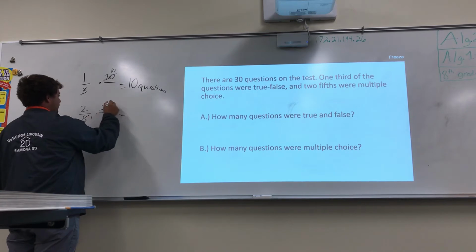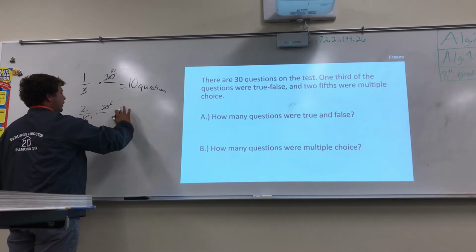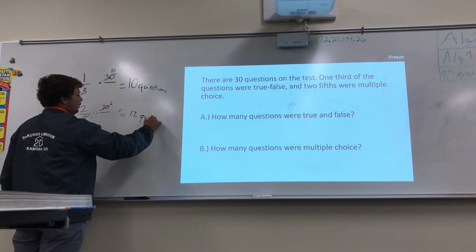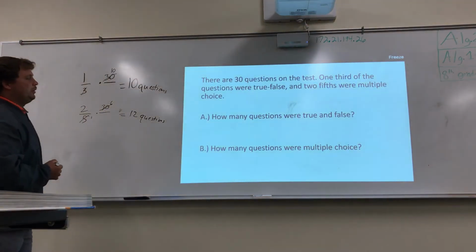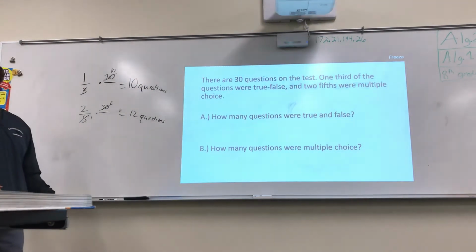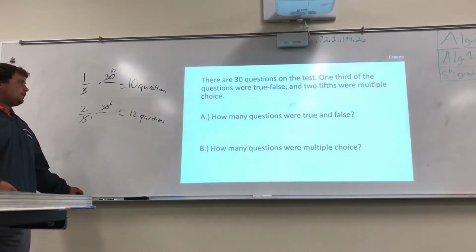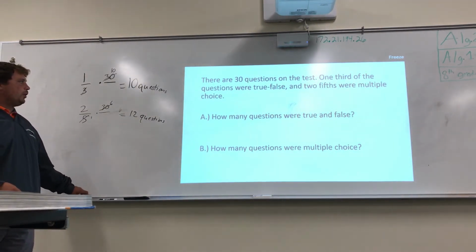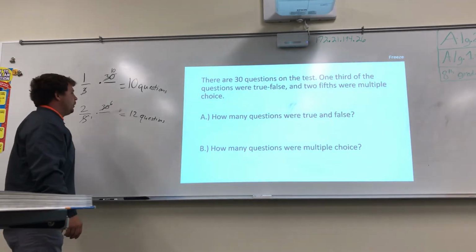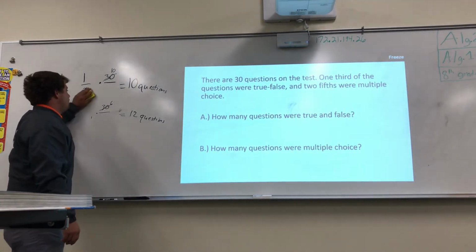This is 1, this is 6. That would give us 12 questions for multiple choice. So those are your two answers for that. Nothing too out of the ordinary, just understanding what 2/5 and 1/3 mean, multiplying it, and you get it.